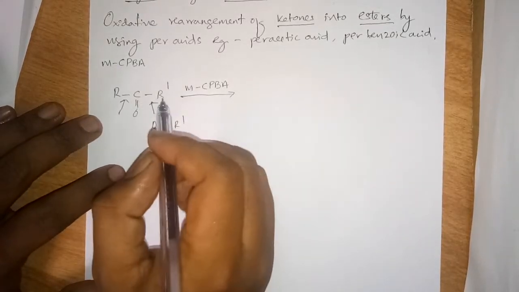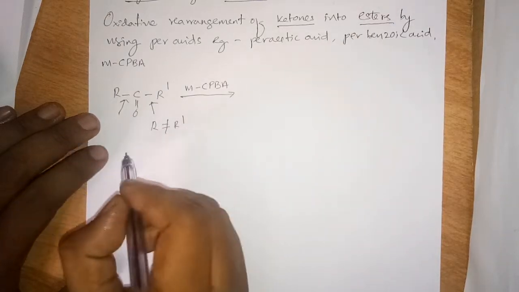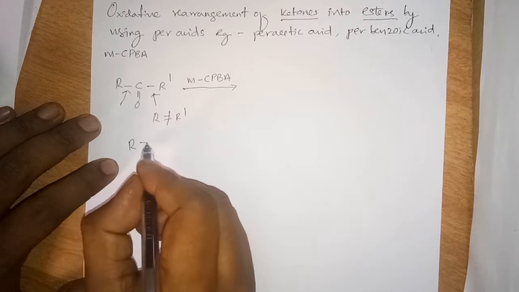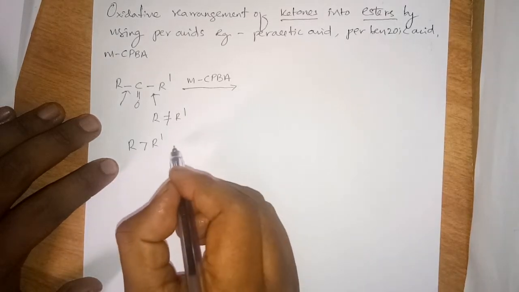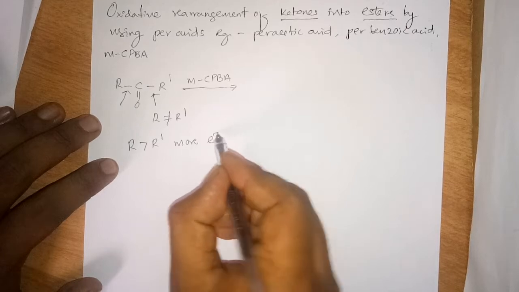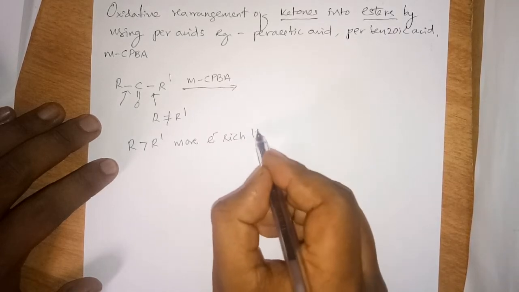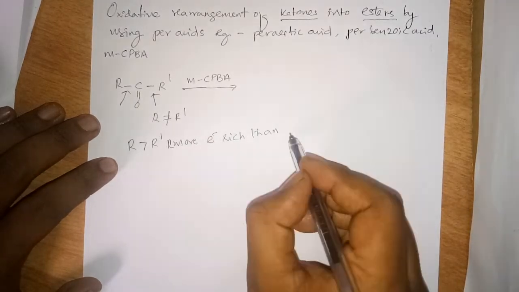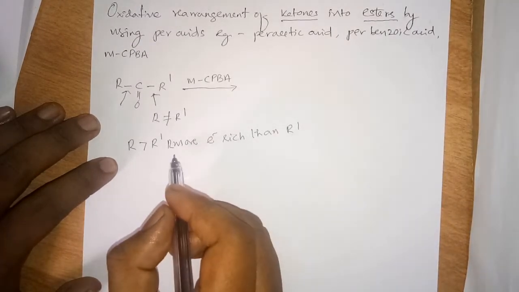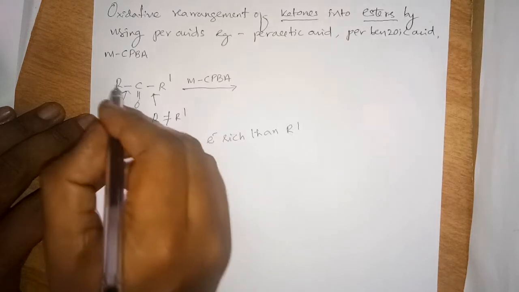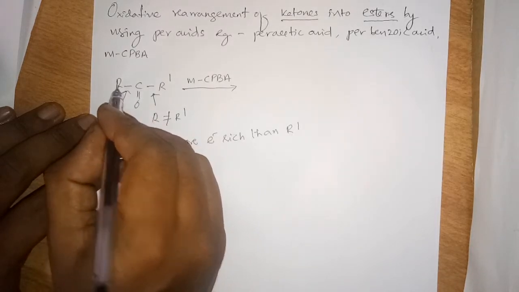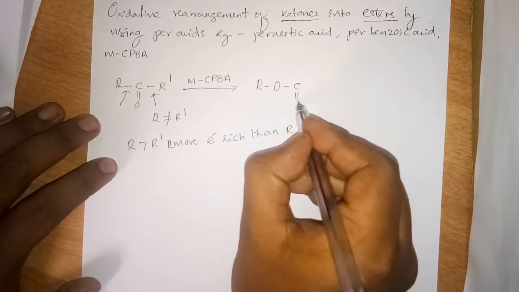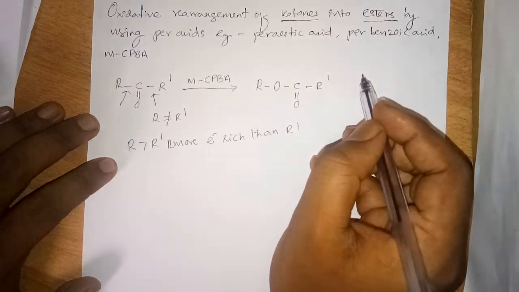The possibility depends upon the electron rich group. If R is more electron rich than R dash, then the oxygen will enter in between R and CO. So you will get R O C double bond R dash.